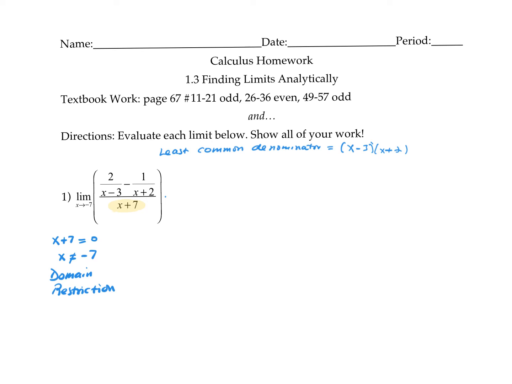What we want to do in this case is multiply every single part of our complex fraction by this LCD. First let's just write it out so we remember that we're going to multiply both the numerator and the denominator by x minus 3, x plus 2.